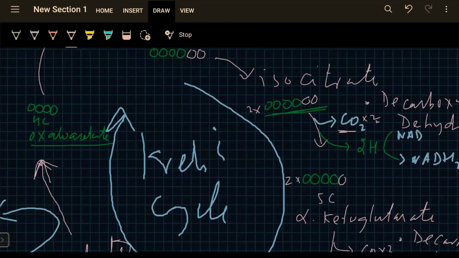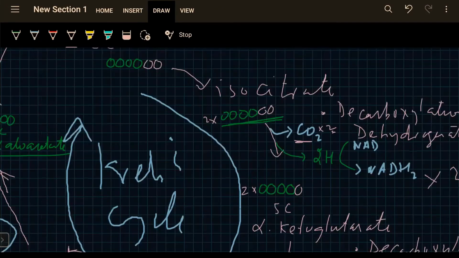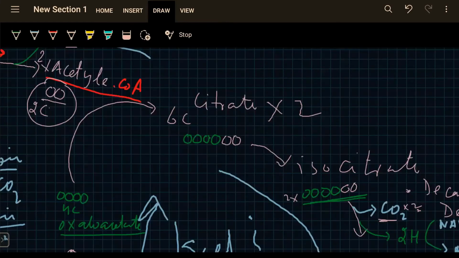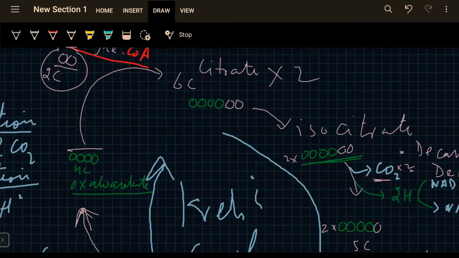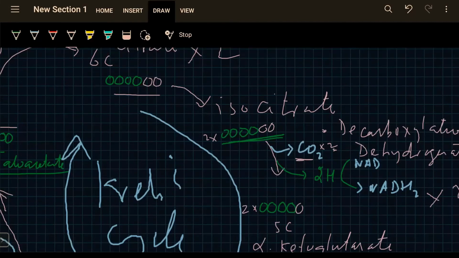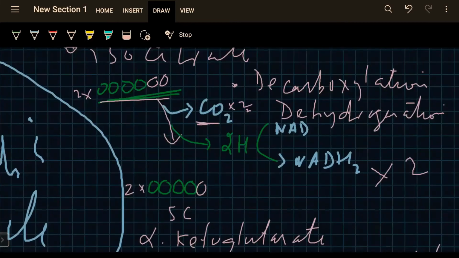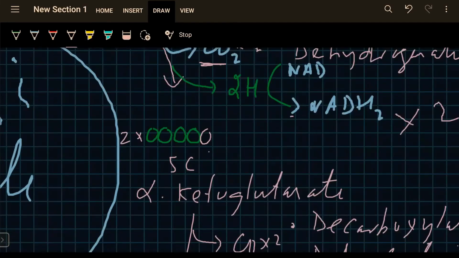Okay. So if I just review that, acetyl coenzyme A, a 2 carbon molecule, reacts with 4 carbon oxaloacetate and makes a 6 carbon citrate. A 6 carbon citrate is converted into an isocitrate, which then undergoes decarboxylation and dehydrogenation, producing a 5 carbon molecule, alpha ketoglutarate.